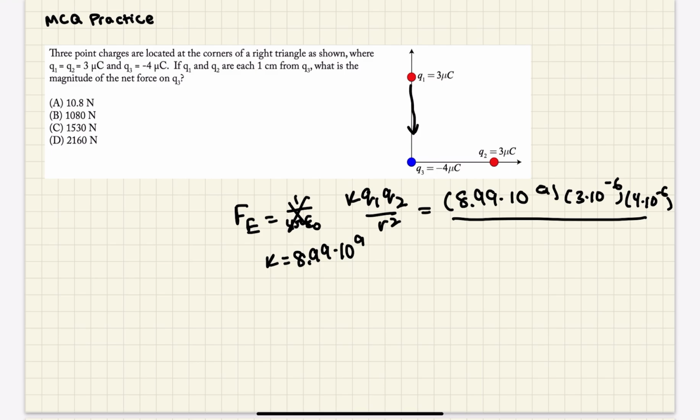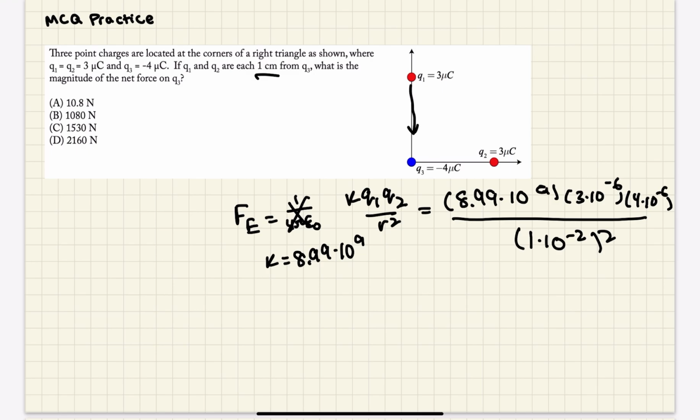R, the distance between them, it says 1 centimeter, which is also not nice units. We have to do 1 centimeter times 10 to the power of negative 2 to get how many meters it is, and you have to square it. So plugging it all into your calculator, one useful tip actually for things like this is the E button.